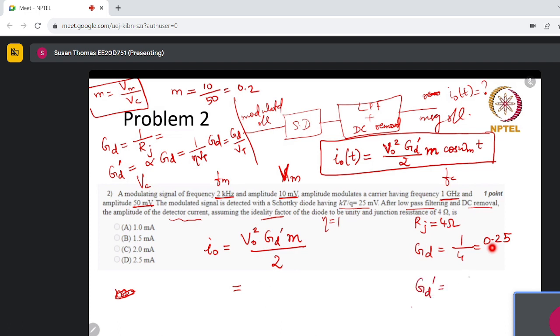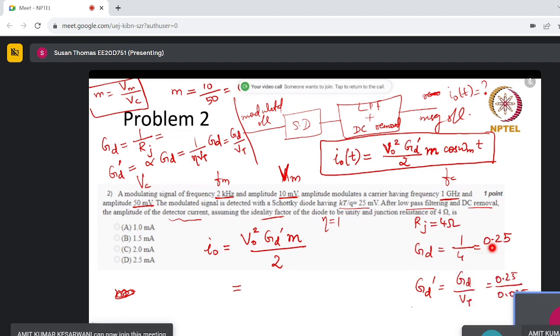So GD dash is GD by Vt, 0.25 by 0.025. Any answers here?